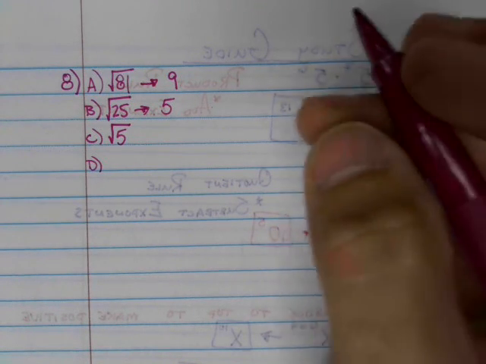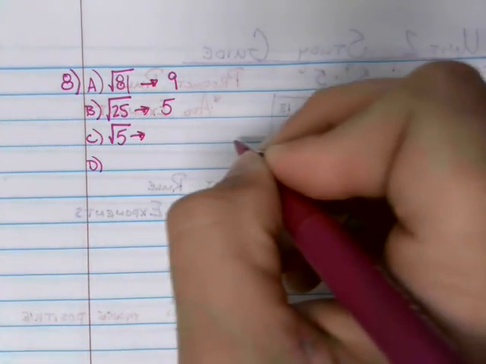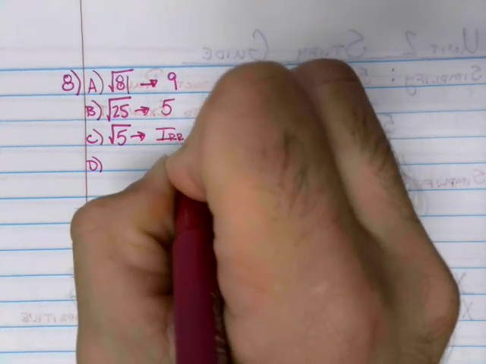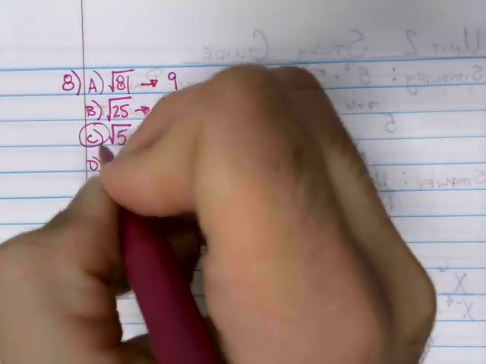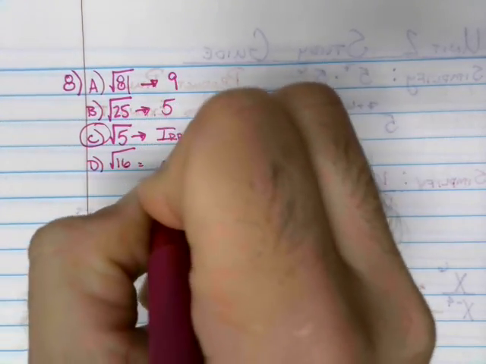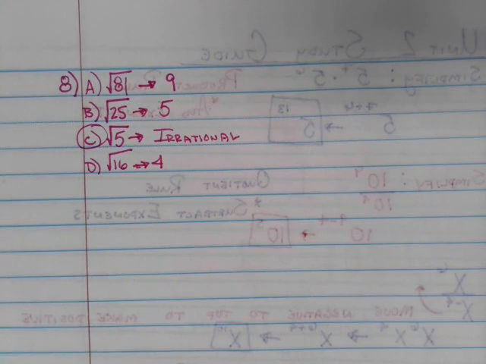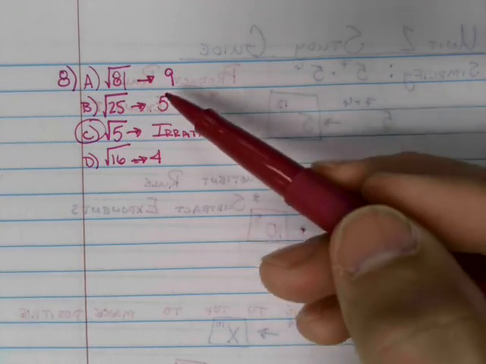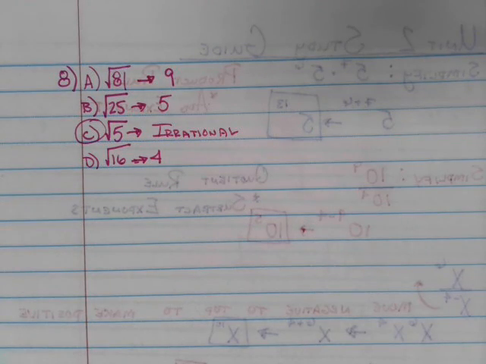No, 5 is a prime number. So this isn't a perfect square, which means this is going to have some long decimal. Okay? So I know that C is irrational. And that will be your answer there, because D, the square root of 16, is 4. Okay? So your answer for 8 would be C. C will be irrational. Because these other three, we can put those in a calculator and it'll give us whole numbers. So all of those are perfect squares.